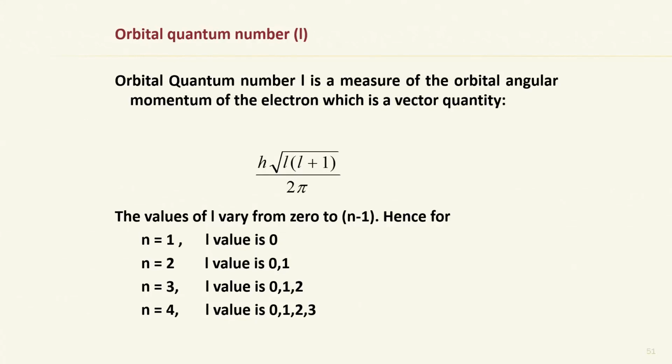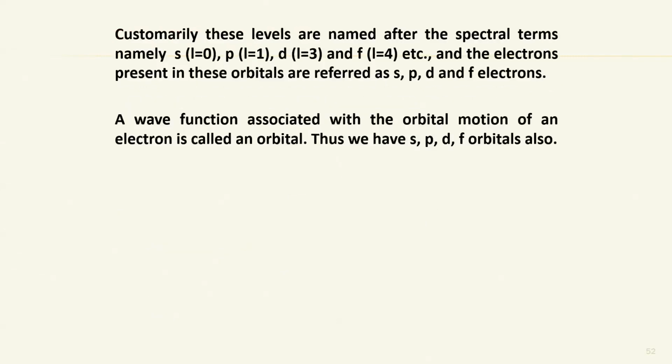That is, if n is equal to 2, L could be up to 2 minus 1, that is 1. n is equal to 1 means L should be 0. So, when n is equal to 2, the value of L would be 0 and 1. When n is equal to 3, it goes to 0, 1 and 2; n is equal to 4, it goes to 0, 1, 2, 3, etcetera.